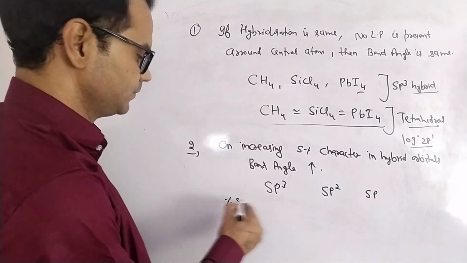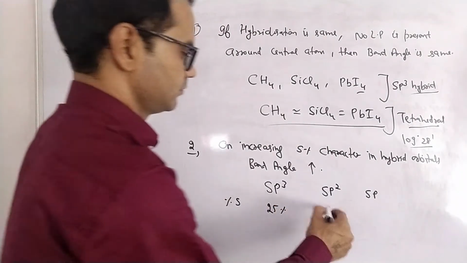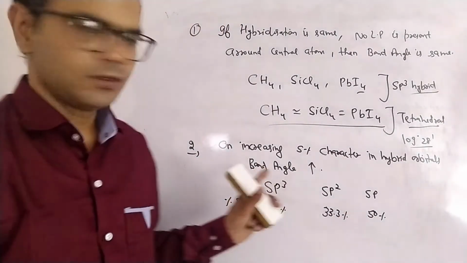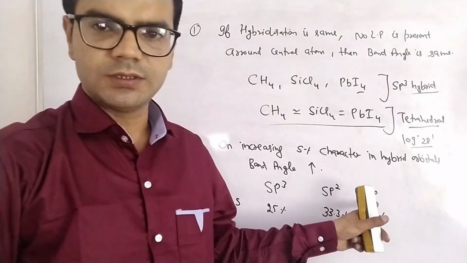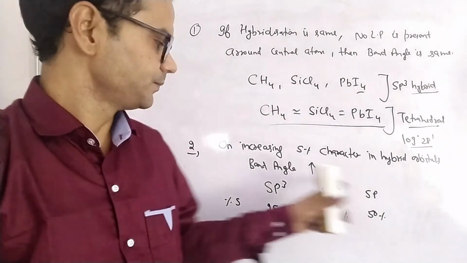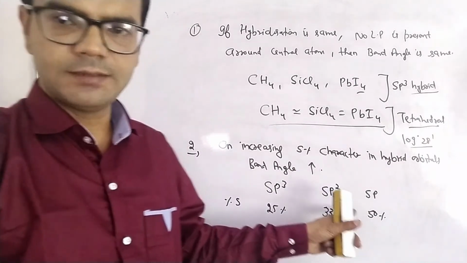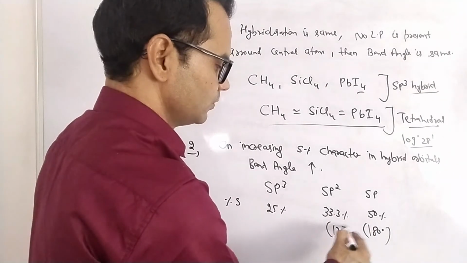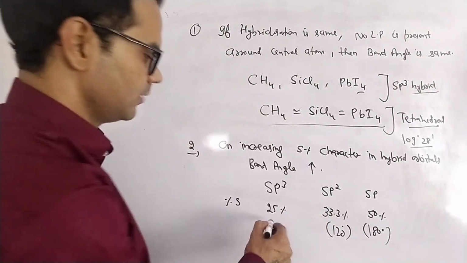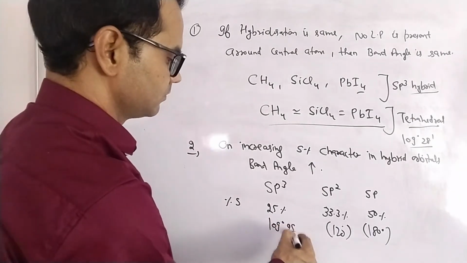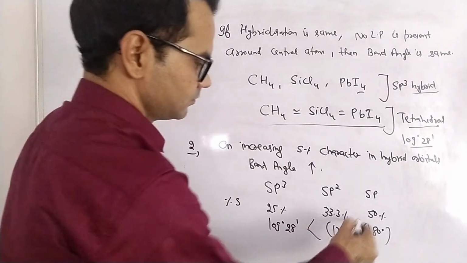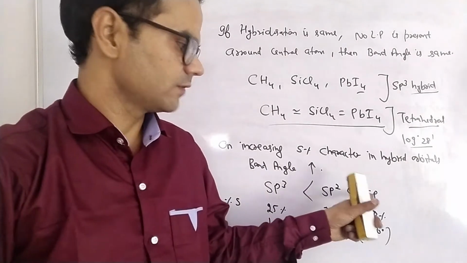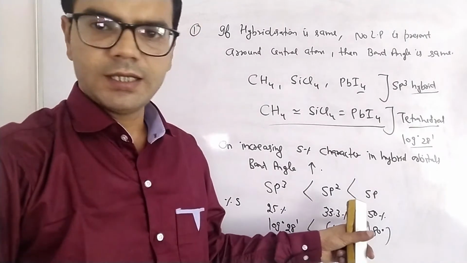Percentage s character is highest in sp, and its bond angle will be highest among these three. For sp hybridization, bond angle is 180 degrees, for sp2, 120 degrees, and for sp3, the bond angle is 109 degrees 28 minutes. So sp hybridization molecules will have a 180 degree bond angle, the highest.